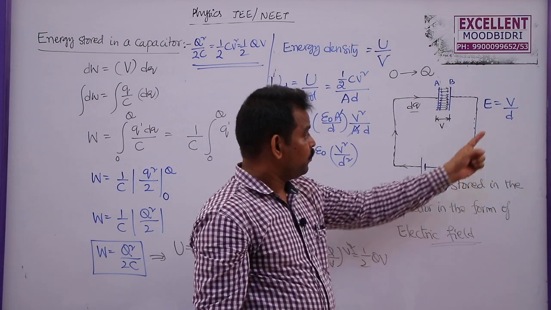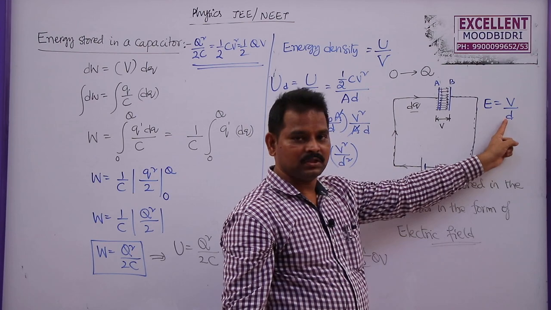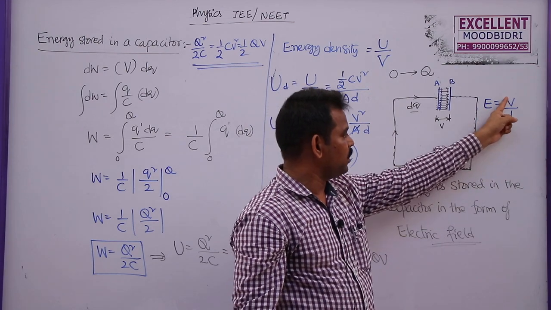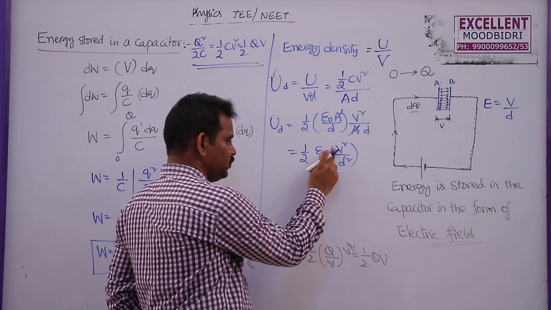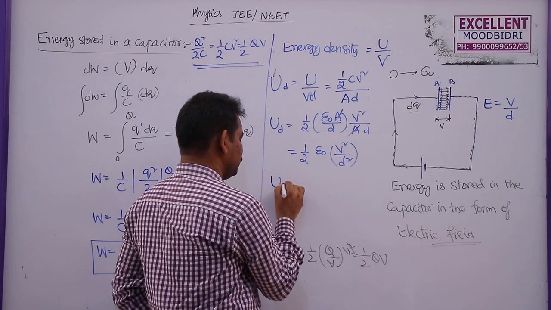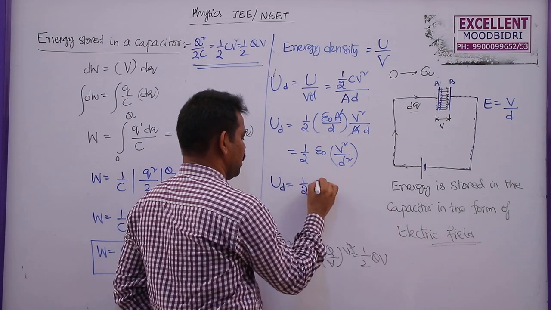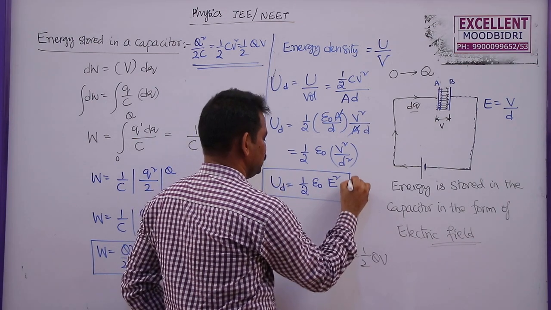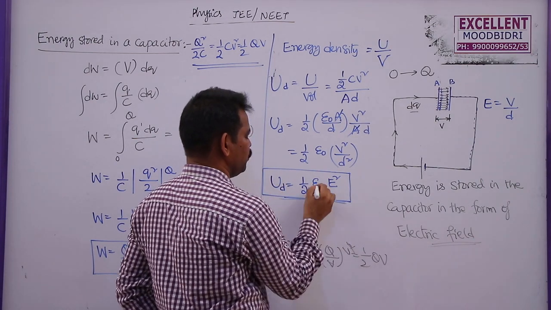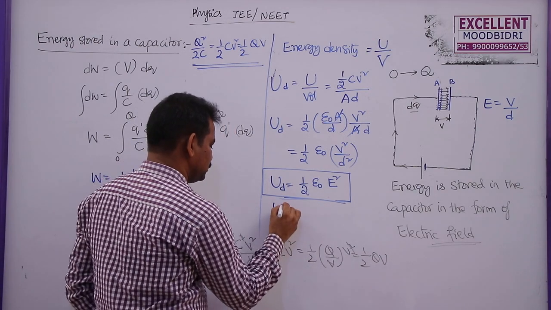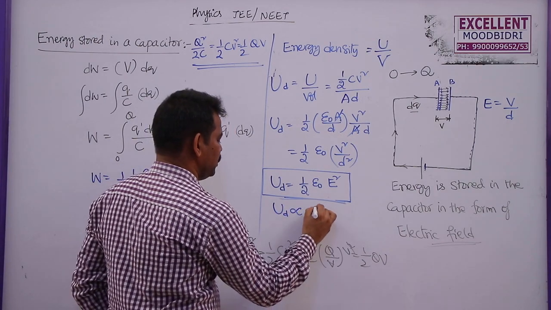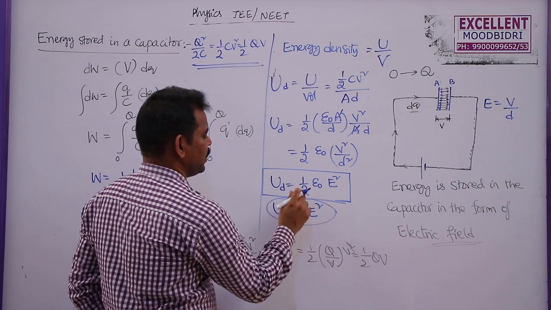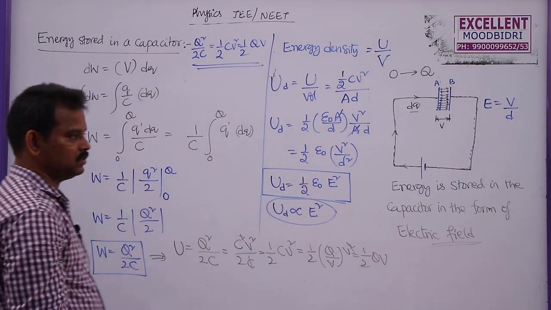This is the potential difference between the two plates by the distance between the two plates. So, in place of E, you can write V by D. You can see here, this is V squared by D squared. So, the energy density of a capacitor is half epsilon naught E squared, where E is the electric field strength between the two plates and is constant. So, energy density is directly proportional to the square of the electric field, as half and epsilon naught are constants.